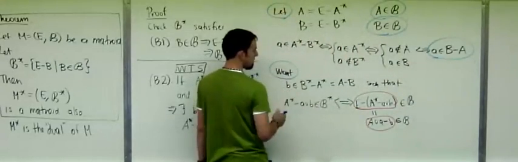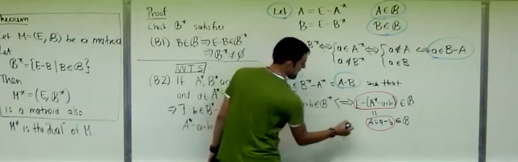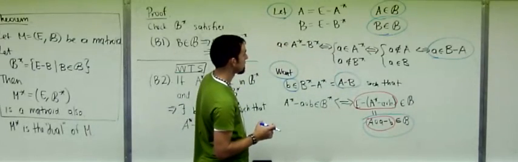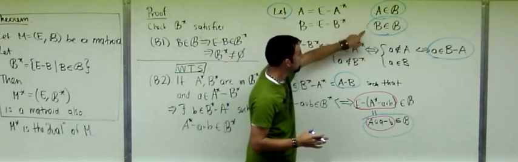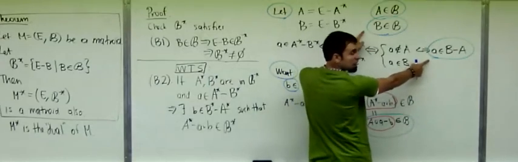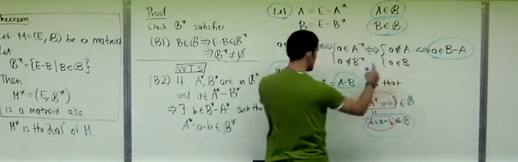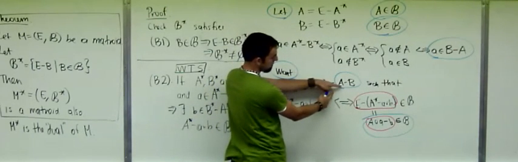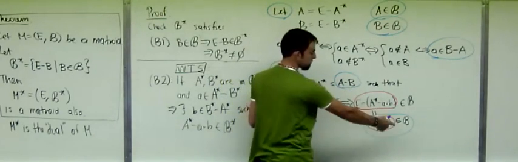And I want an element of A minus B such that this happens. So let's see what I'm doing. I'm given two bases A and B, and I'm given an element in B minus A that I want to add to A. And this is telling me I want to find an element B that I can swap it with. An element B in A minus B that I can swap it with.